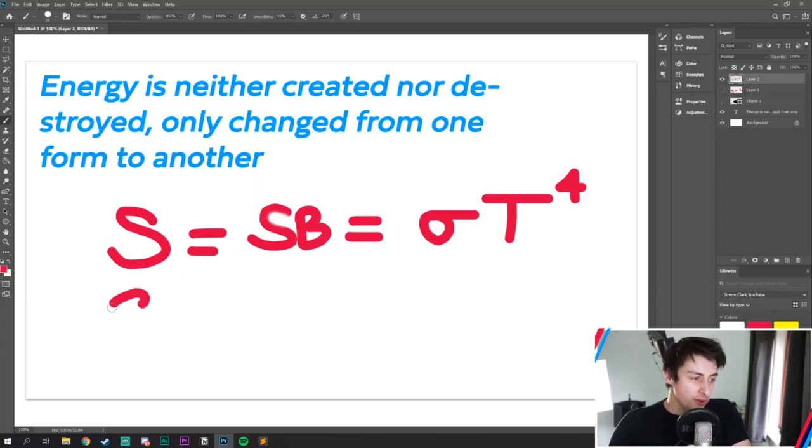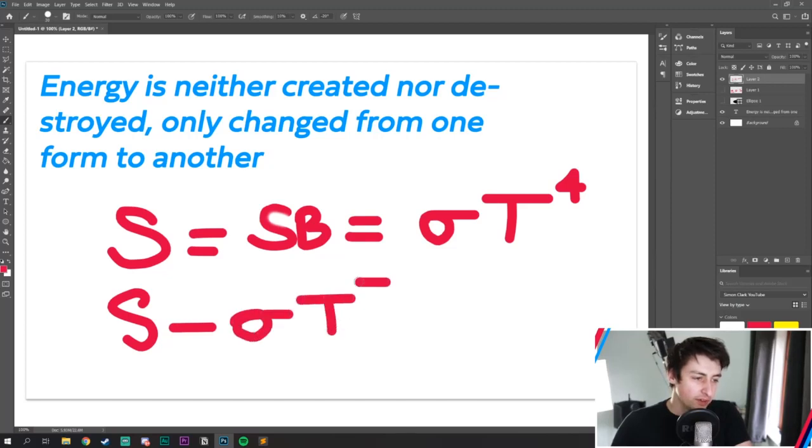But if we were to put this on the other side of the equation, so it's the difference between these two, the incoming energy from the sun, which I'm just writing as S for the time being, which we will assume to be constant for this project until we don't, minus the energy output of the Earth. And the other thing to note is I am basically simplifying this down so that now we're considering the amount of energy that arrives from the sun over 1 square meter of the Earth.